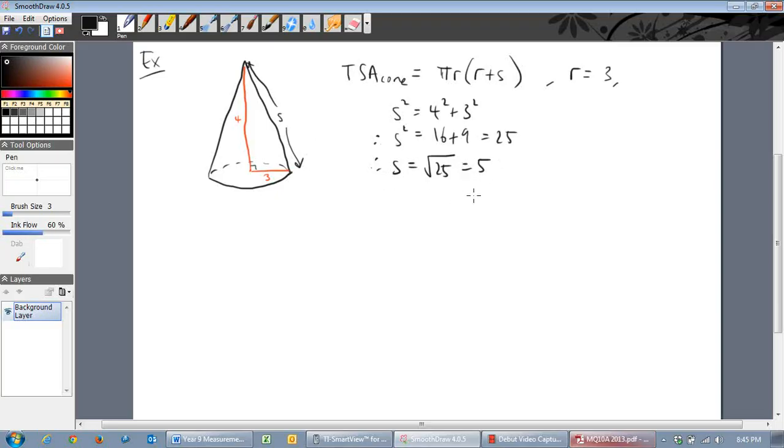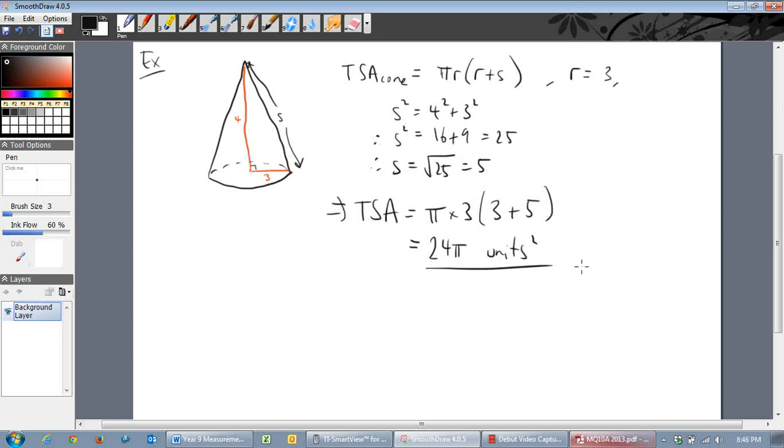So that slant height there is equal to 5 units. Fantastic. Now we can find our total surface area. Total surface area is equal to pi times r plus s, 3 plus 5, which is 8. 8 times 3, 24 pi units squared. There's your total surface area for this cone.